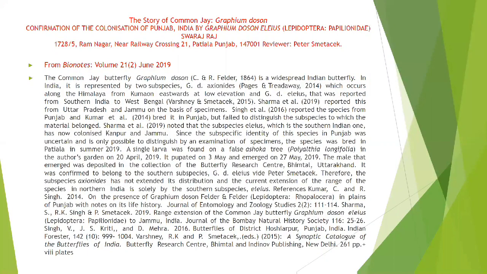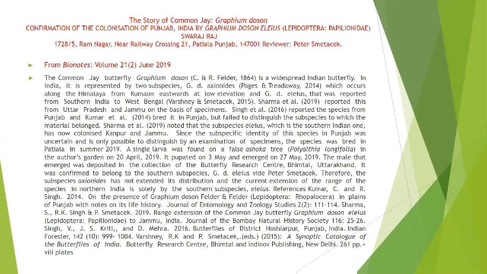I sent the preserved specimen to him, and he found out that it was the southern Indian species, Graphium doson eluis. So it was recorded by him, in fact, in the form of an article in his Bionotes, volume 21, June 2019.